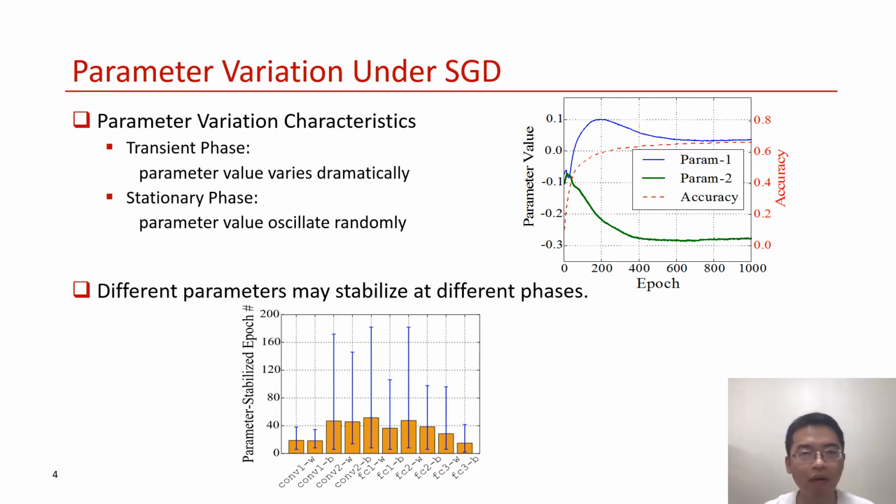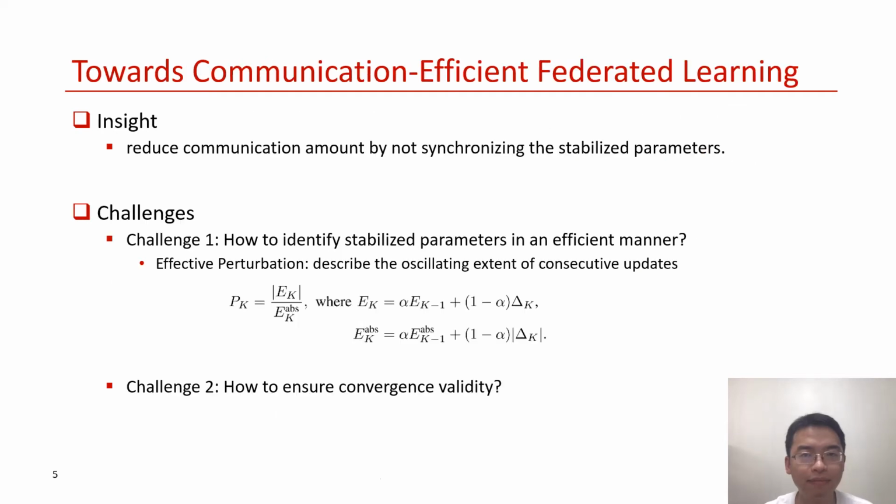Moreover, we also observed that parameters in different layers, or even in the same layer, may stabilize at different epochs. Naturally, we can reduce the communication amount by not synchronizing the stabilized parameters.